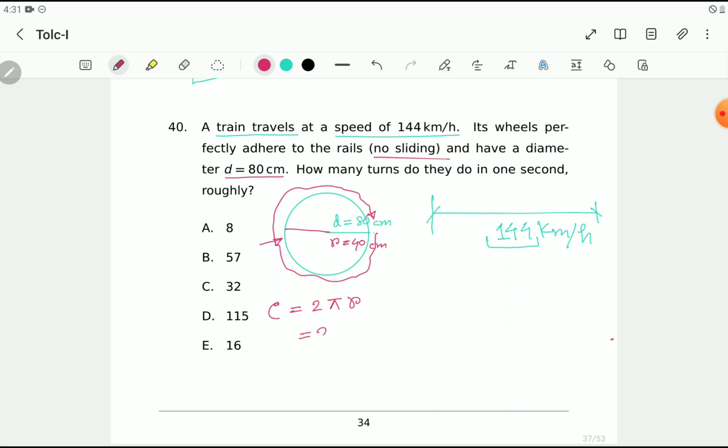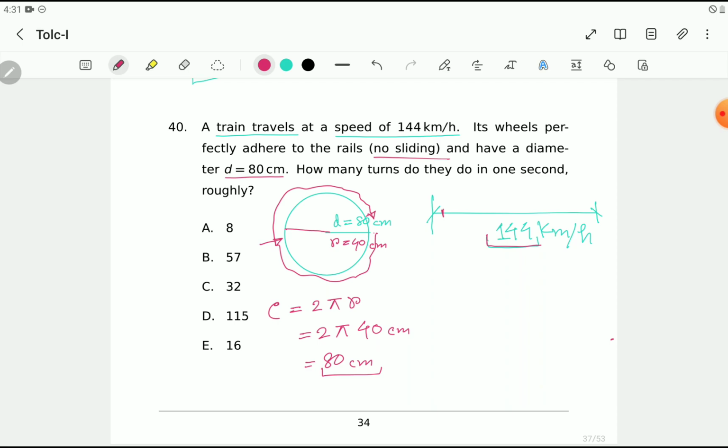So here 2 pi and r equal to 40, so 80 pi centimeter. So per turn the train goes 80 pi centimeter, okay, for example this amount of distance. But we know in 1 hour it goes 144 kilometer per hour.